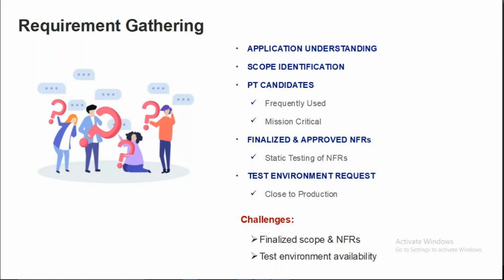Because based on those NFRs only, you will design your test plan and proceed with your test activities. Let's say I'll give you an example: initially you have been told that the expected response time is 5 seconds. Now you tested the application and got a response time of 4 seconds, which is less than the SLA of 5 seconds.